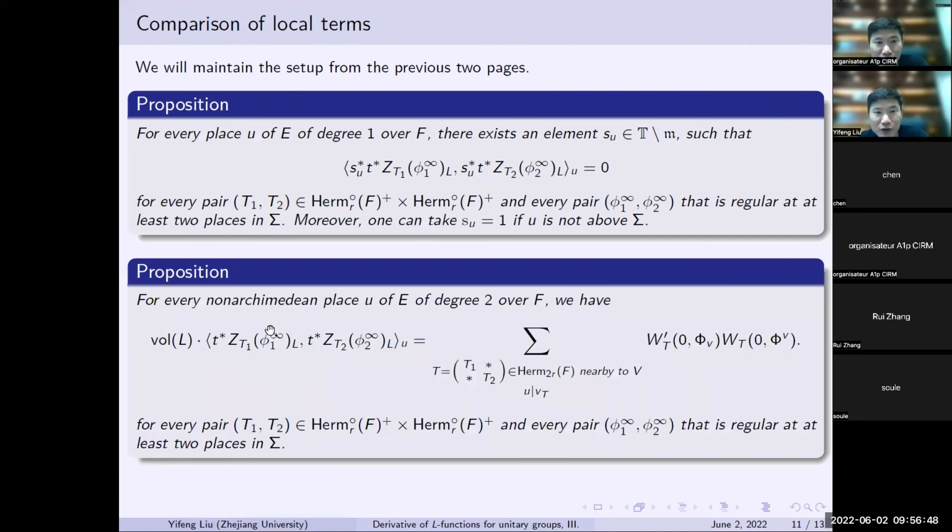And proposition 2 is concerning the non-Archimedean places that are not over split places. So for every non-Archimedean place u of E of degree 2 over F, we have this formula. So volume of L times the local height at u is exactly the contribution.